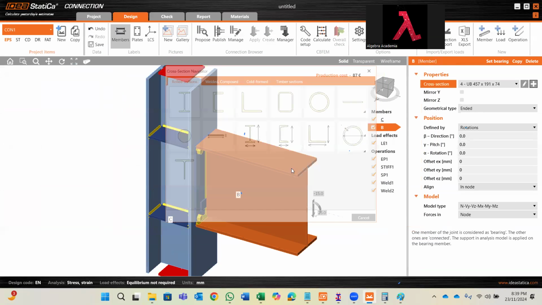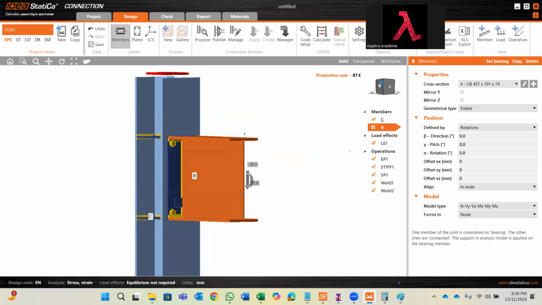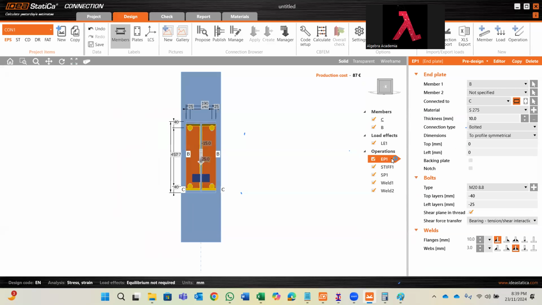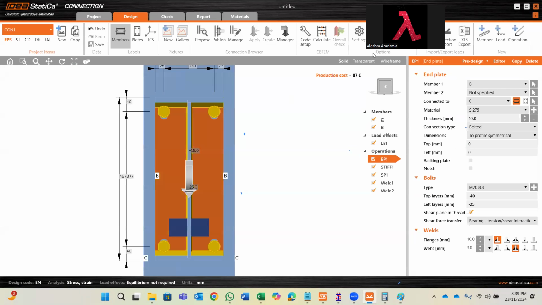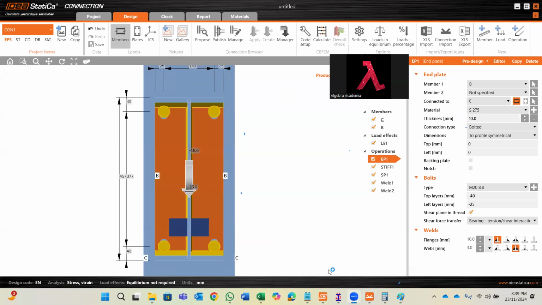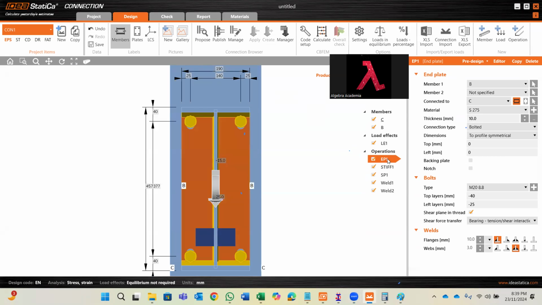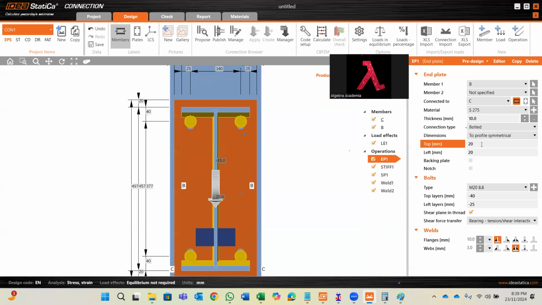Okay, fantastic. So now let me go to adjusting the base plate, the plate dimension.